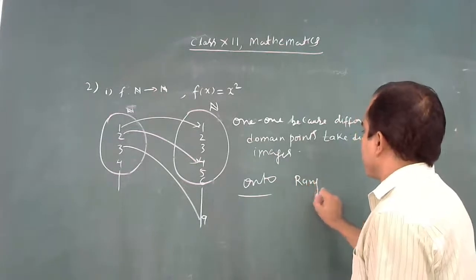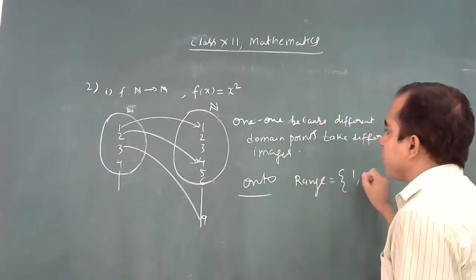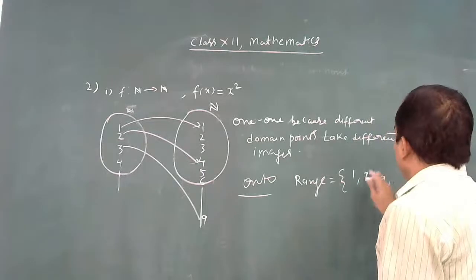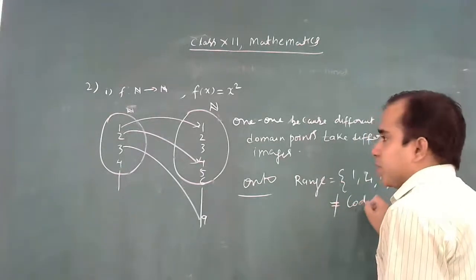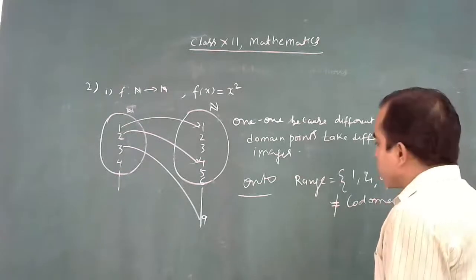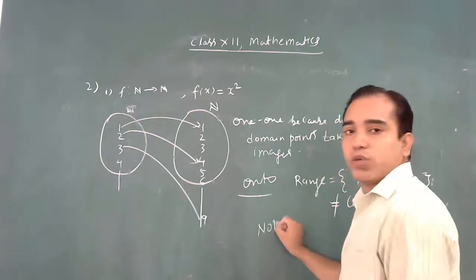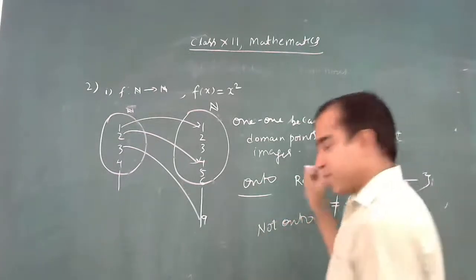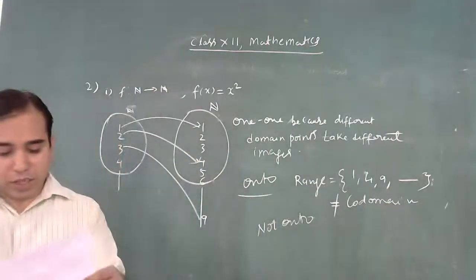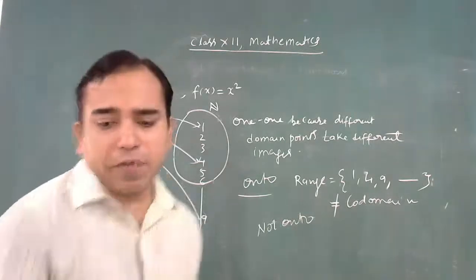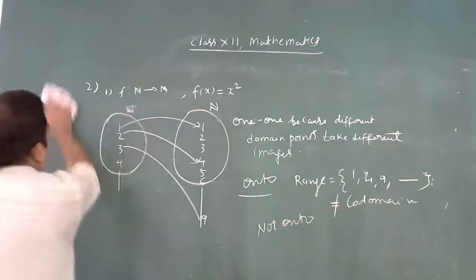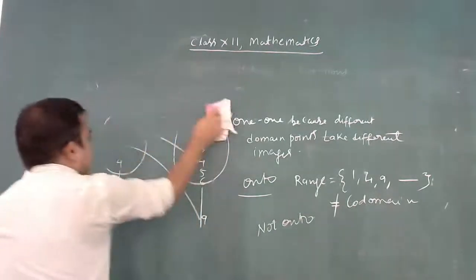Range यहाँ पे क्या है? 1, 4, 9 और जितने भी परफेक्ट स्क्वायर हैं वो, and it is not same as codomain. So not onto. चलिए अच्छी बात है. एक दो पार्ट और डिस्कस करते हैं, फिर मैं आपके लिए वर्क छोड़ता हूँ. सेकेंड पार्ट है, लुक.